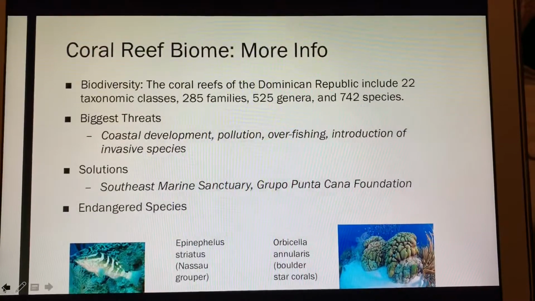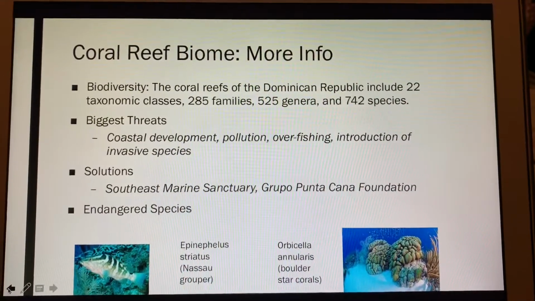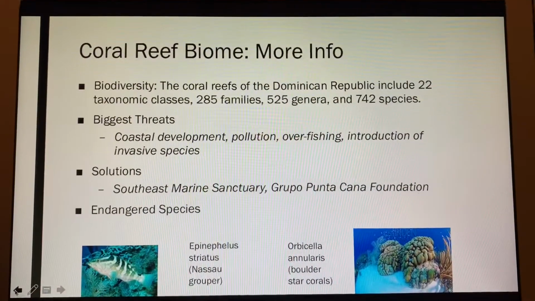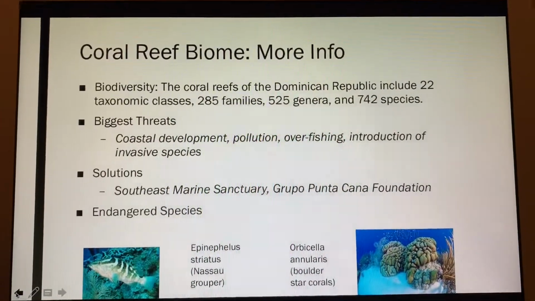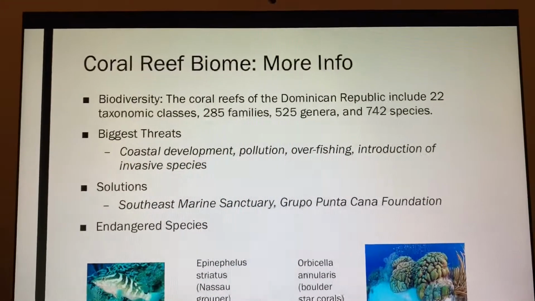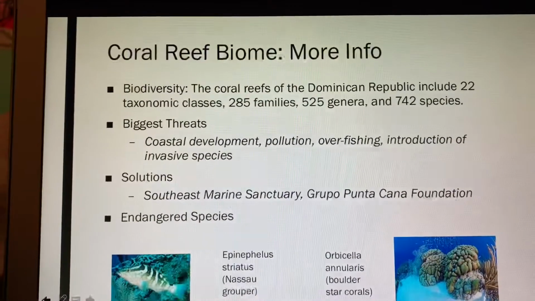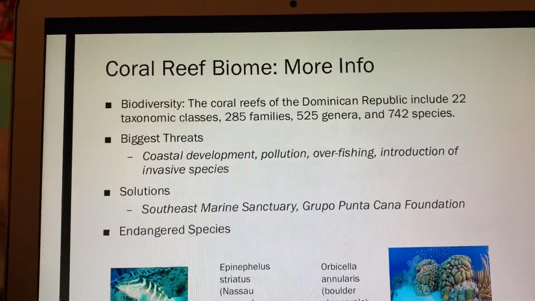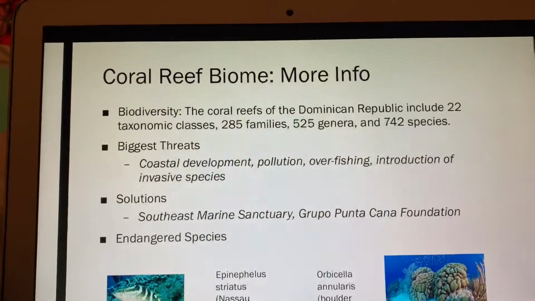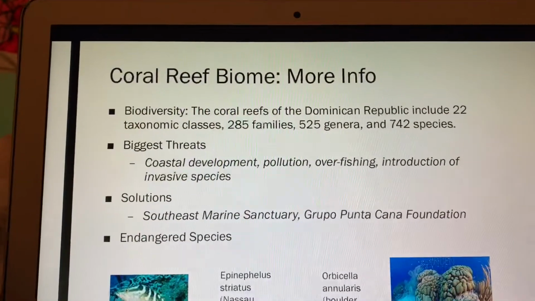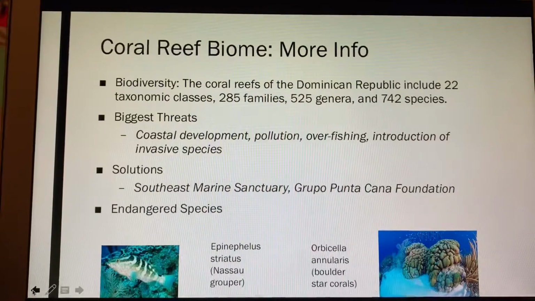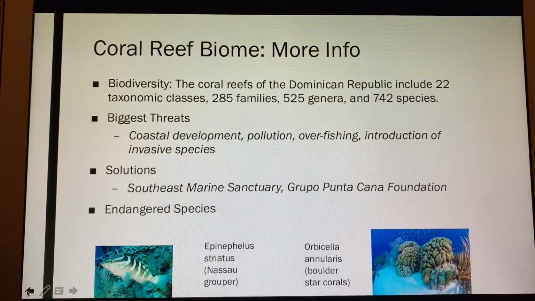The Southeast Marine Sanctuary is basically a protected area, and it's co-managed by a diverse group of stakeholders like the federal government, local fishermen, and environmental groups. It covers a vast amount of coral reefs, and it has been very successful.